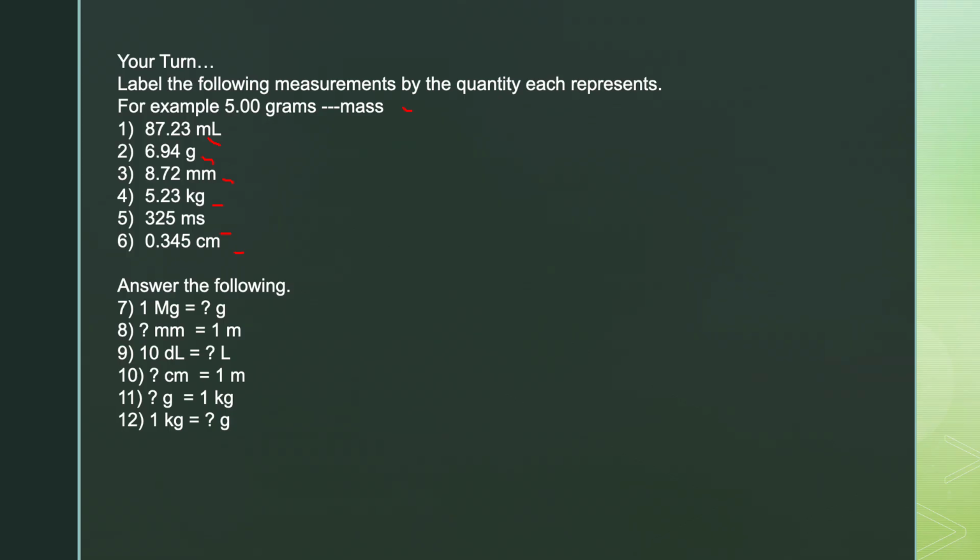So I want you to tell me, what are you measuring in these first 6? Then at the bottom, 7 through 12, you're trying to work on knowing your metric prefix values. Wherever there's a question mark, see if you can come up with the value, again using your reference sheet. If you'll pause the video, and then we'll come back and go over them.